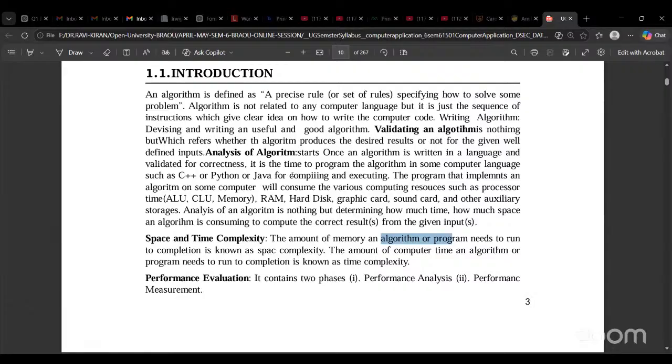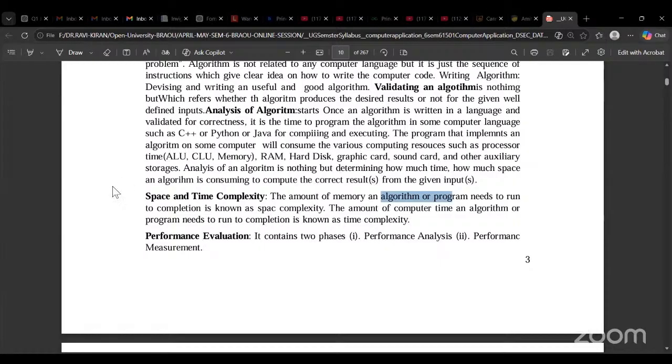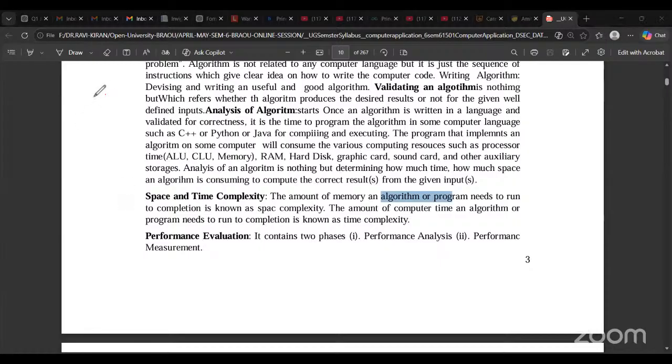Suppose you are traveling the distance from source to destination. If the destination is reached in 2 hours, this is called time complexity.